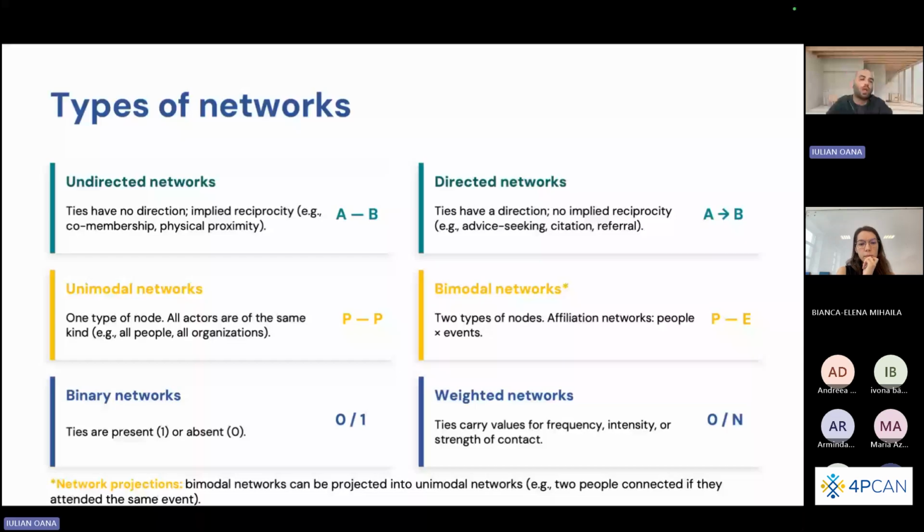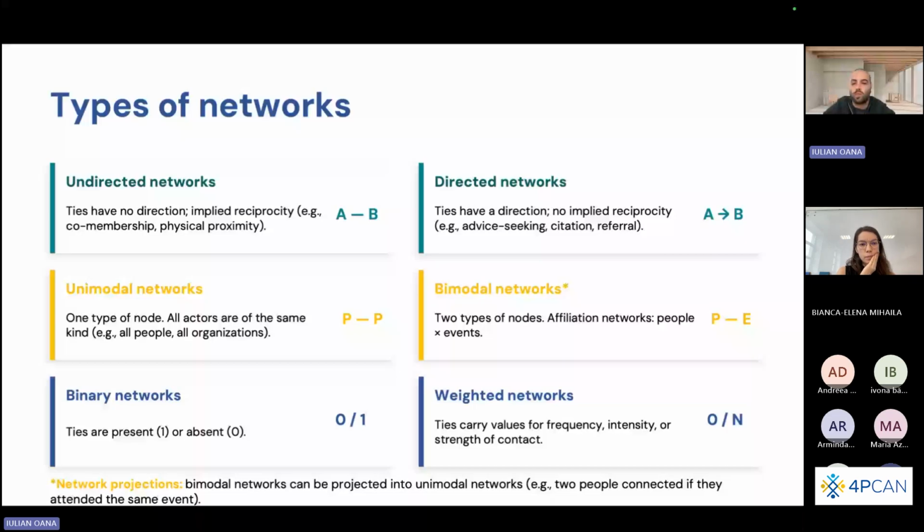Lastly, we have this distinction between binary networks and weighted networks, which also tells us what kind of ties we're dealing with in the network. We're dealing with either simple presence or absence of the tie, so 0, 1, or we are dealing with edges that also have, let's call them, edge attributes.